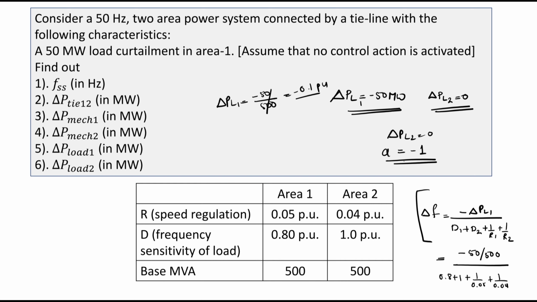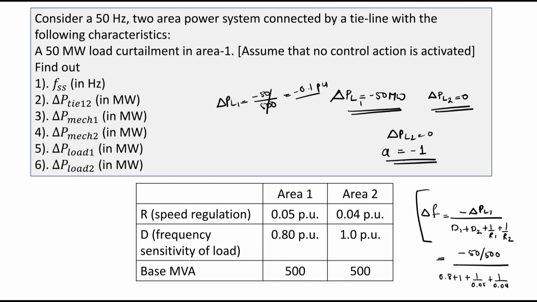So when base MVA is the same, A is minus 1. And since delta PL2 is also 0, delta F will come out to be minus delta PL1 divided by D1 plus D2 plus 1 by R1 plus 1 by R2, and we can substitute all the values.